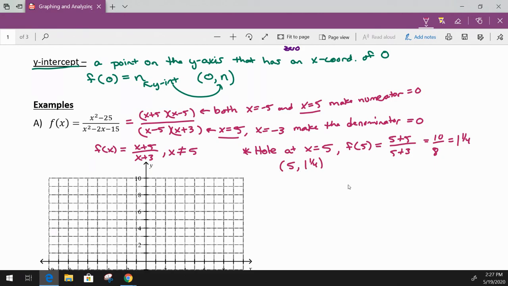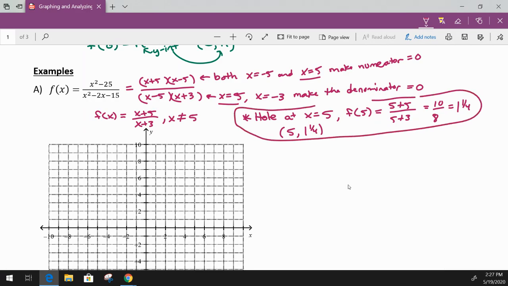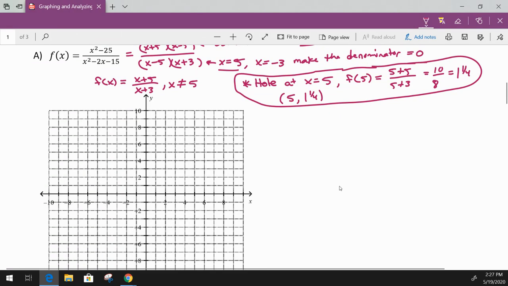It is not a vertical or horizontal asymptote. So when you have to graph a hole, you would just put an open circle. So at the point (5, 1 1/4), right about there, I'm going to put an open circle.